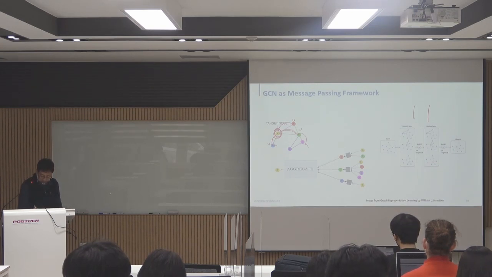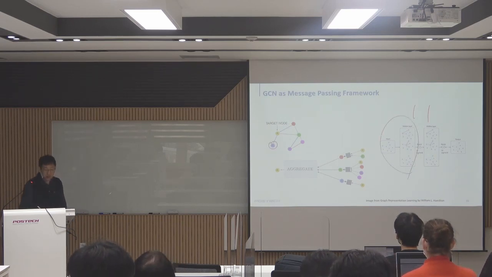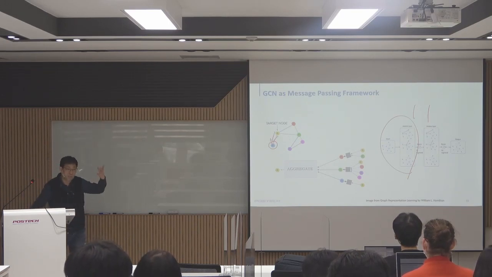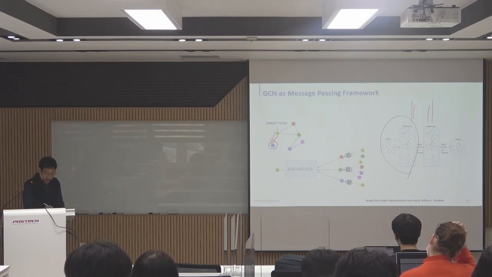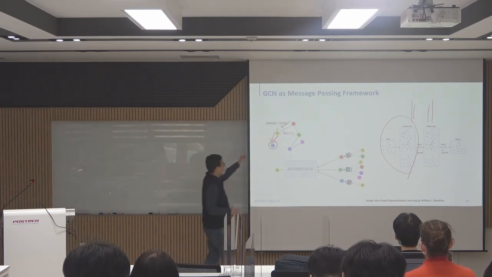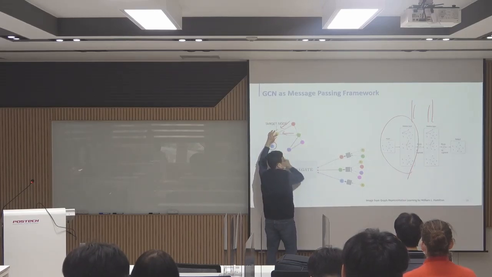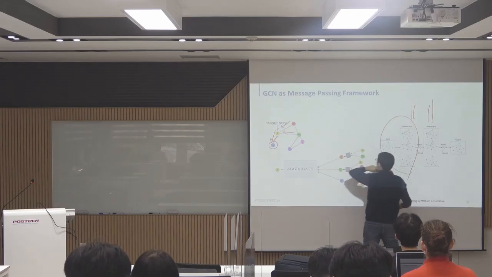I think the explanation is not clear, so let me redo it. For D, if you have only one hidden layer, I'm going to take the information from A. That's it, right? But if you have two hidden layers, since A is updated from B and C as well, in the first hidden layer A is going to be updated from B, C, D, followed by another hidden layer.